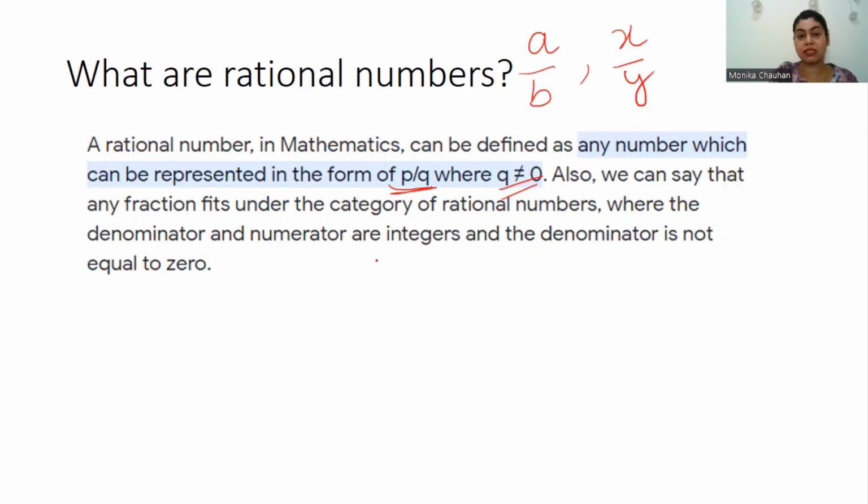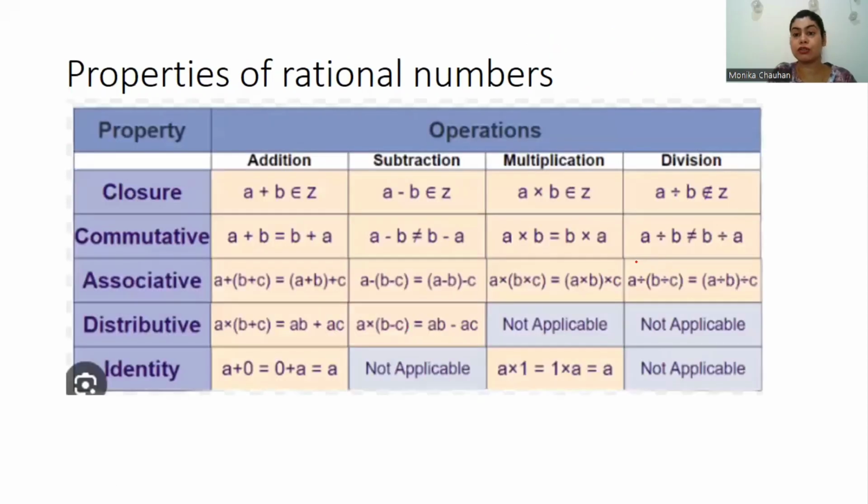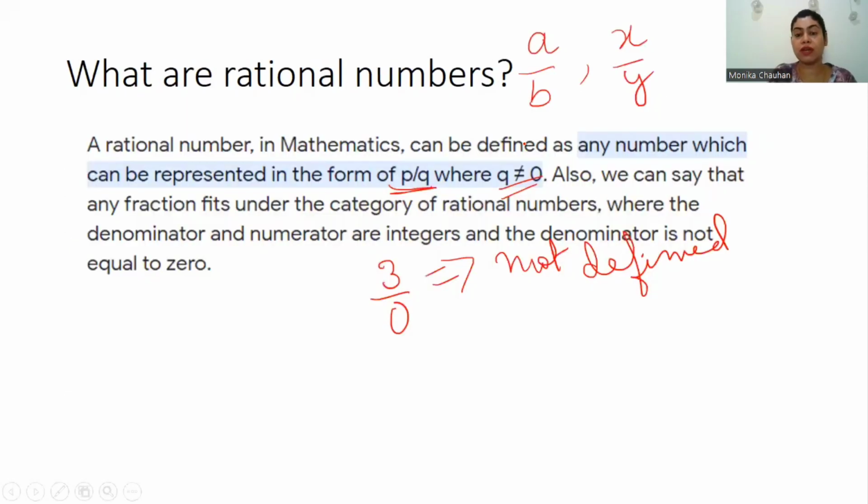Suppose if I say 3 upon 0, which will not give you any number. This is not defined. So it is your first condition, okay, that your denominator should not be 0. It should always be a certain number.